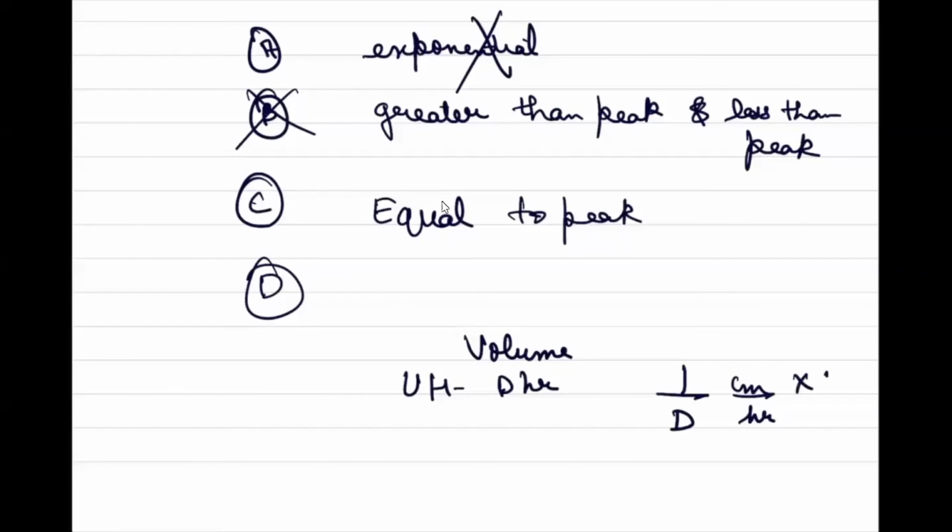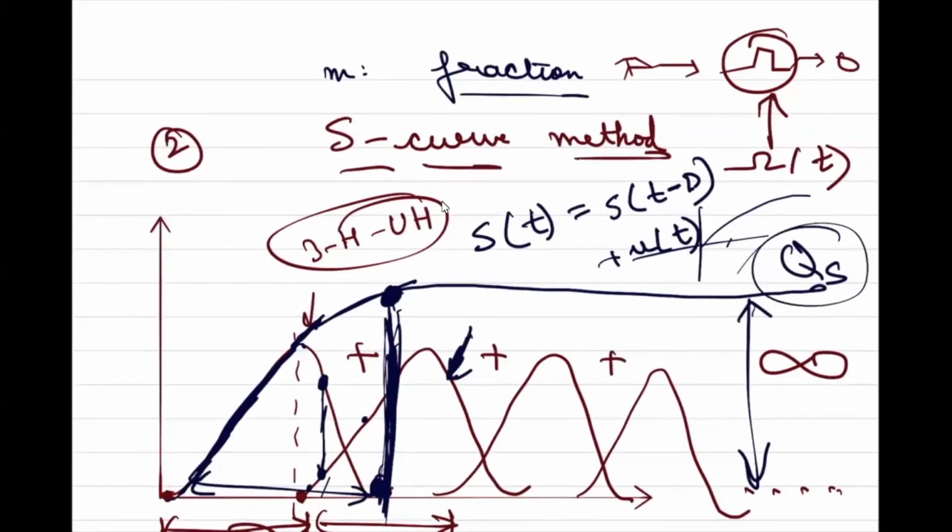If I multiply it by the area of the catchment, what will I get? Volume. Discharge. Multiplying centimeter per hour by centimeter square, I am going to get volume per time, something in centimeter cube per hour or meter cube per second, whatever. Once I'm in centimeter cube, I can go to any other unit. A by D, centimeters per hour. That has to be the value of my equilibrium discharge.